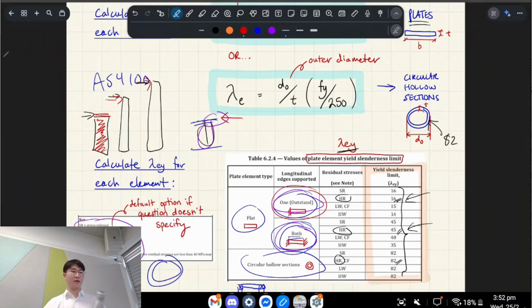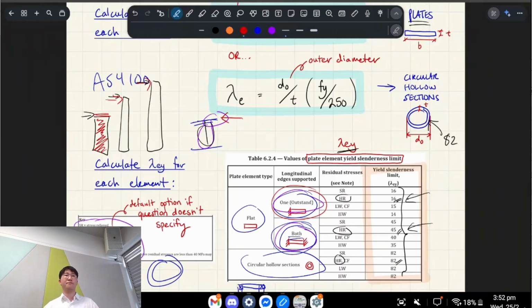So circular hollow sections, right? Imagine I had a pipe and I was compressing it. It's not prone to buckling, to axial buckling. In fact, generally speaking, circular hollow sections and, what's the other one, square hollow sections and stuff are used in structural engineering, selected because of their property of being very resistant to buckling.